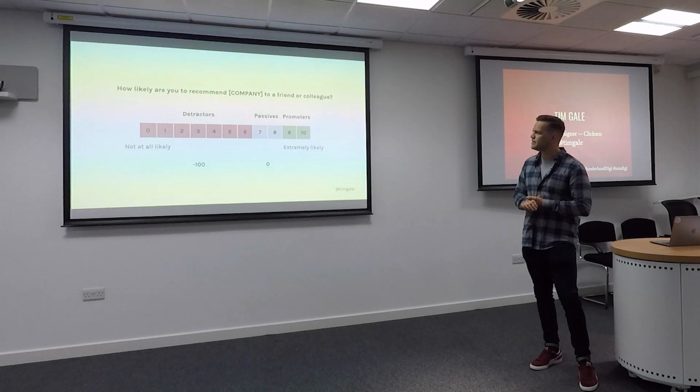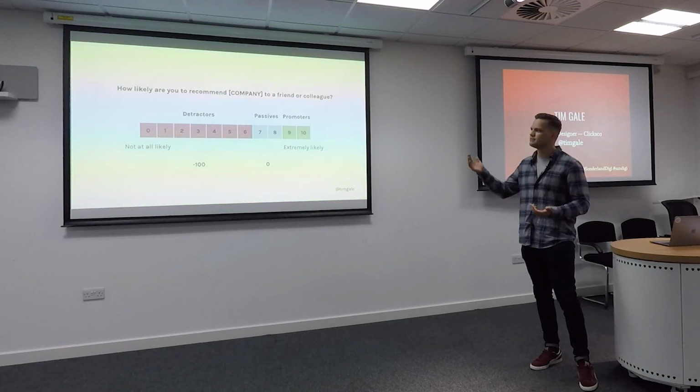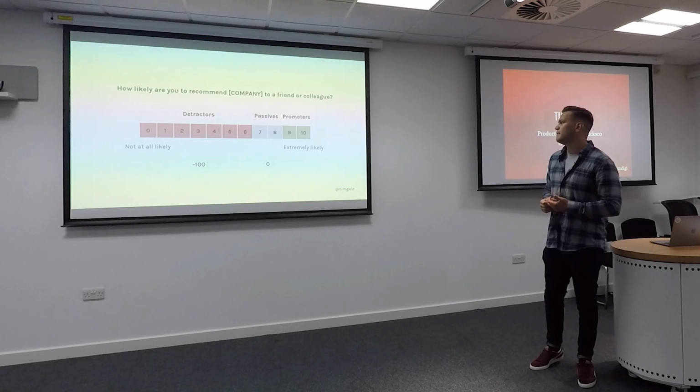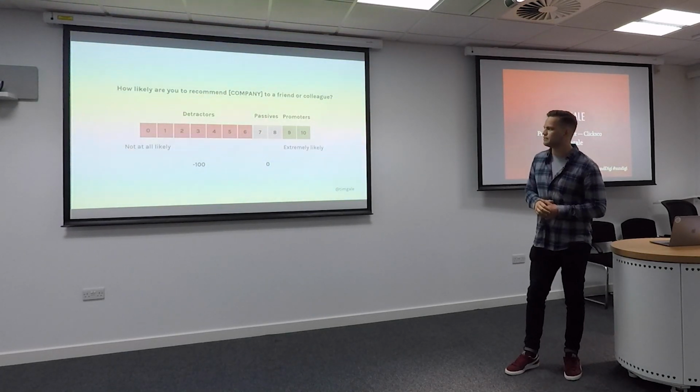The first thing to say for me is when I first saw this question, I thought, well, this is a binary answer. I'm either going to recommend or I'm not. I think the concept of an 11-point scale can be quite ambiguous. And not only that, but the results it produces are also fairly ambiguous as well.